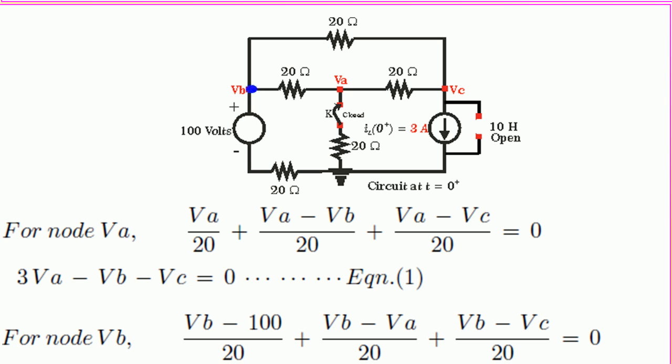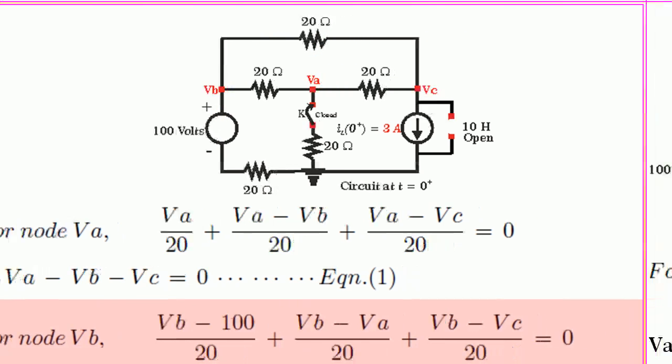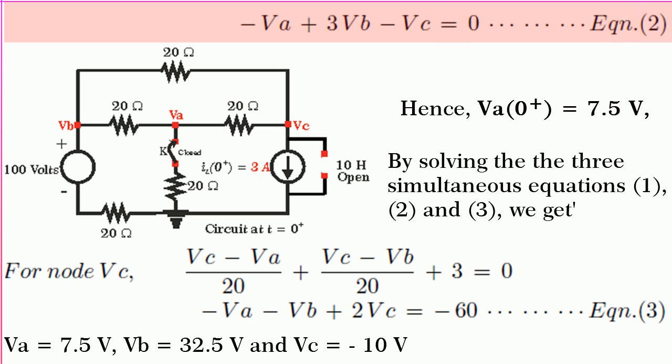Similarly, for node VB, we get VB minus 100 divided by 20 plus VB minus VA by 20 plus VB minus VC by 20 is equal to 0. By simplifying it, we get minus VA plus 3VB minus VC is equal to 0. Let it be equation 2.